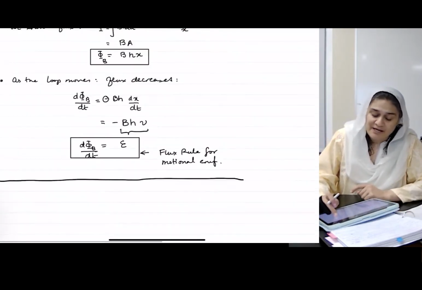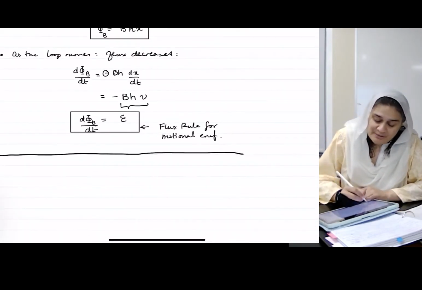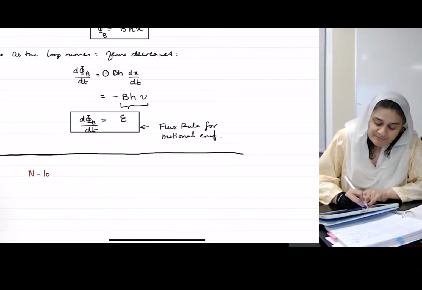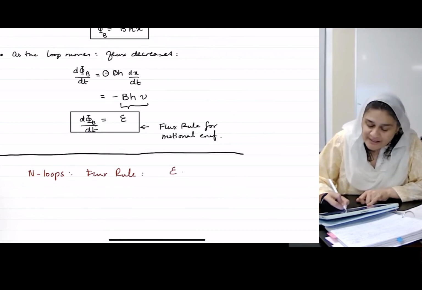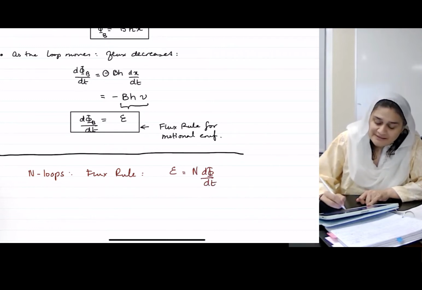But if we have more than one loop, say we have n loops, the flux rule will be rewritten as times n. And that's the magnitude.